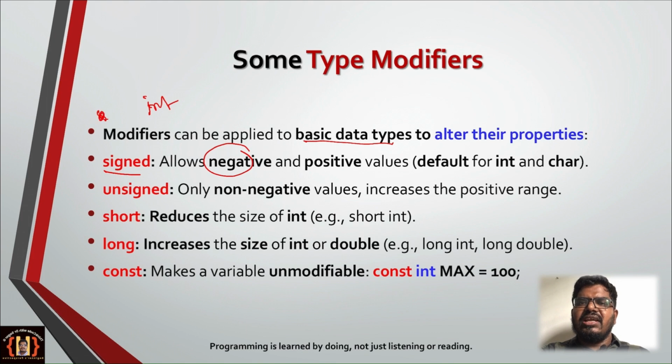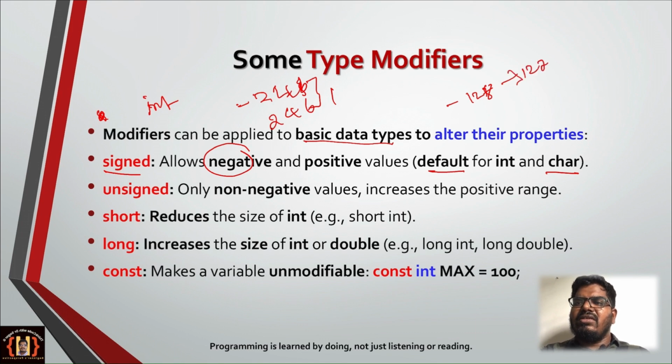Signed in front of int: by default int and char are signed only. Signed means it can take negative values and positive values, so all these values can be stored in int. Similarly for char, minus 128 to plus 127 can be stored.